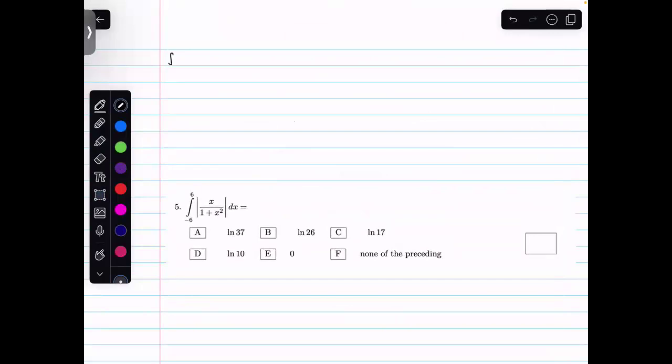If you have, for example, the absolute value of, let's say, x, the idea is that if we just graph x first, and we want to integrate it also on -6 to 6.